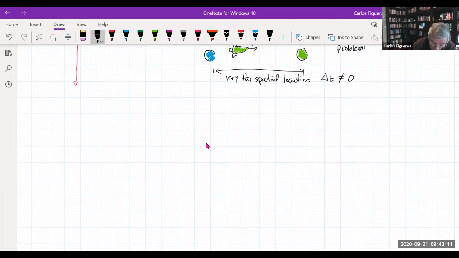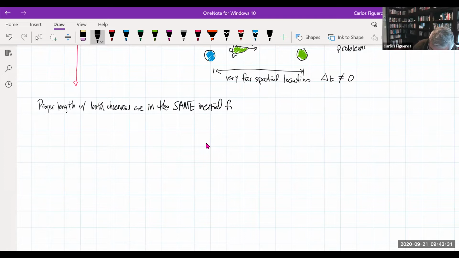So what we find here is that the proper length, when both observers are in the same inertial frames, is that they both measure the same meter stick. So what do I mean by that? Well, I have one meter stick, let's say it looks like this, and I have another meter stick that looks like this, and they're both, of course, the same length.